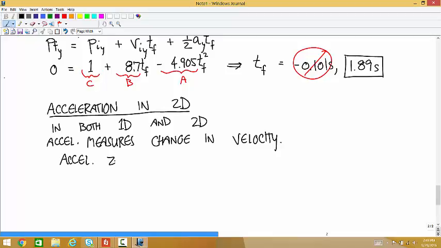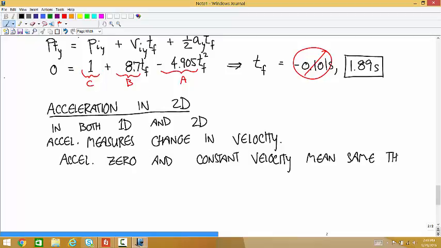Acceleration being 0 and constant velocity mean the same thing. That's true in both 1D and 2D.